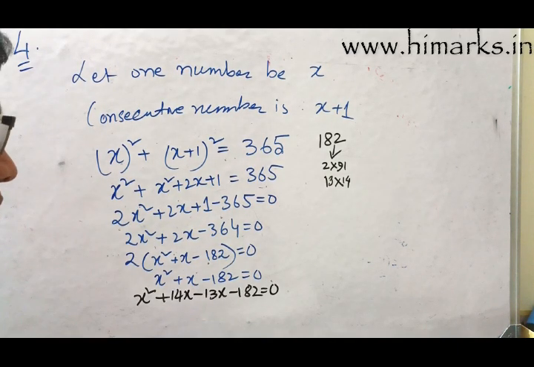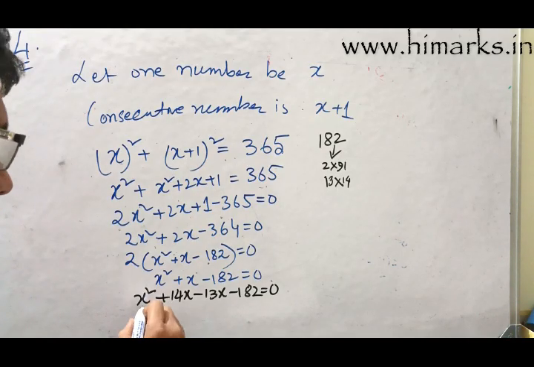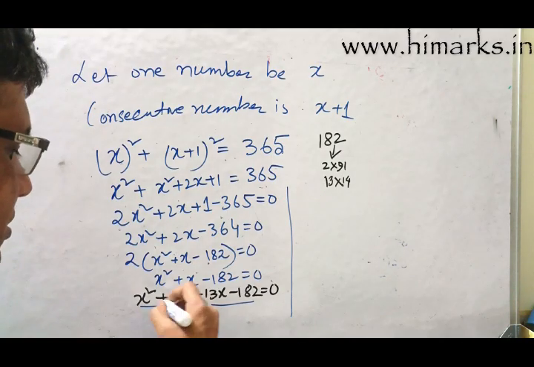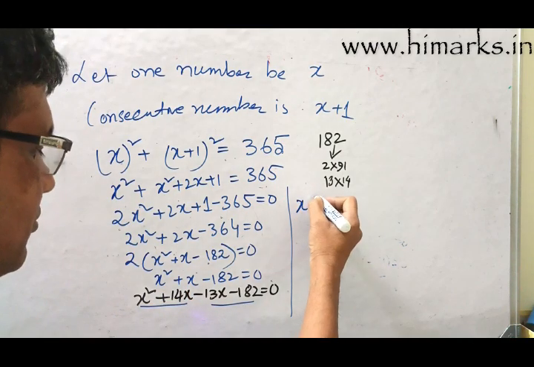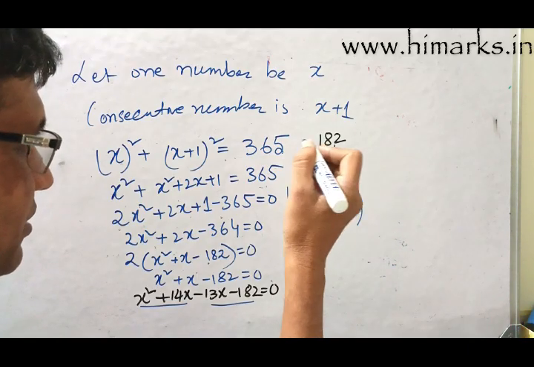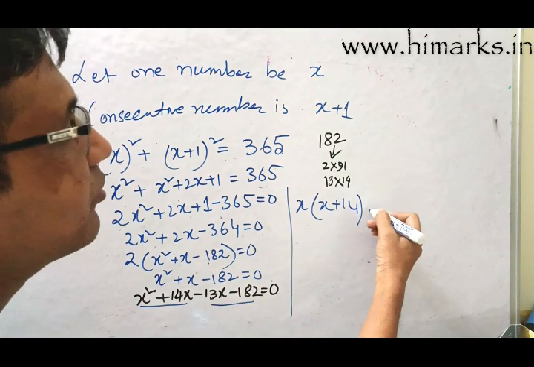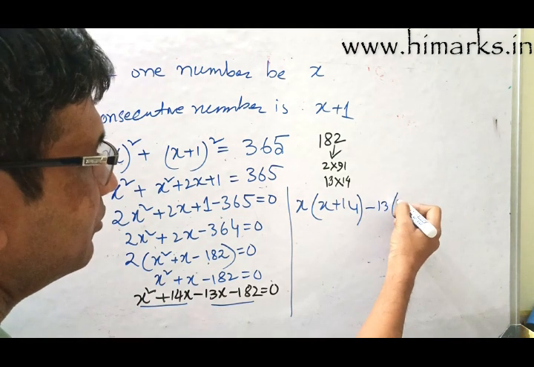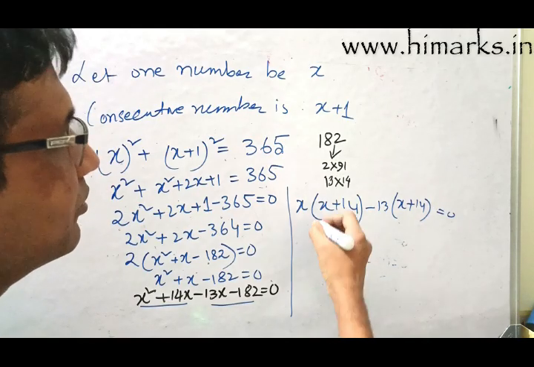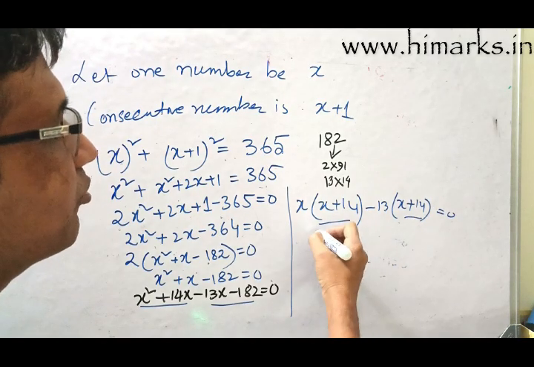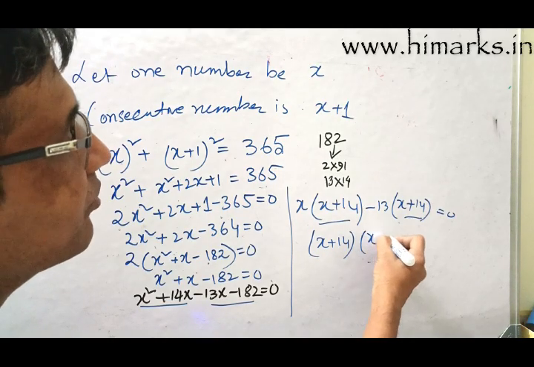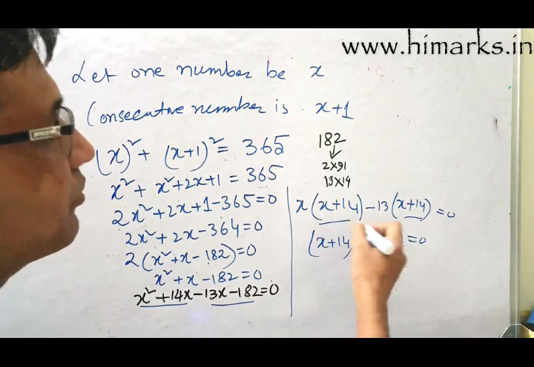Here factorization is common factoring between this part and this part. So from the first part, if you take x common, x plus 14. And from here, if you take minus 13 common, this is x plus 14 equal to 0. So now here these things are common, so x plus 14 and x minus 13 is 0.